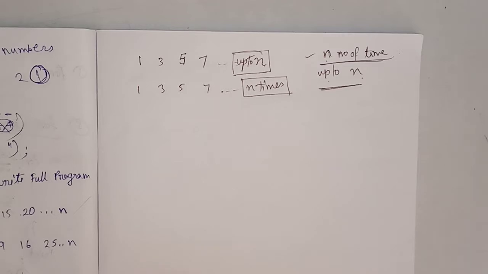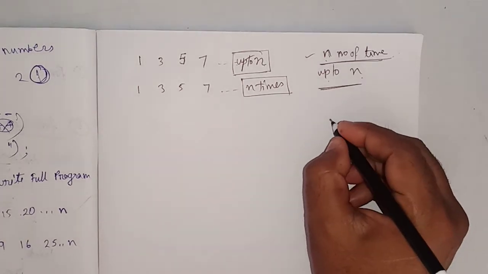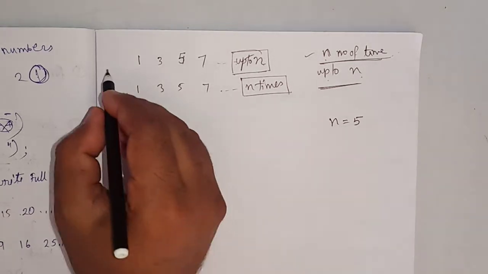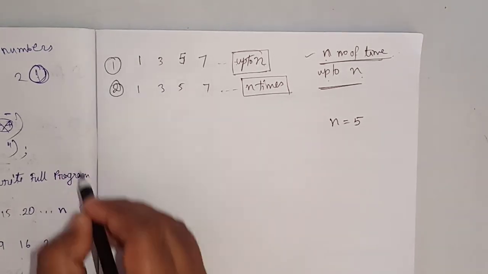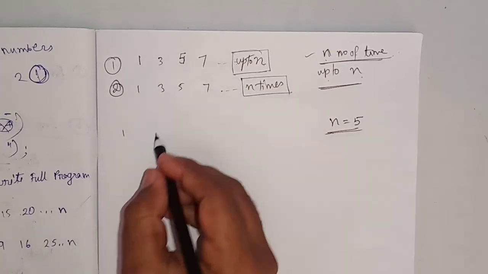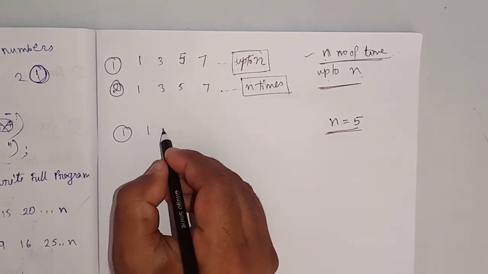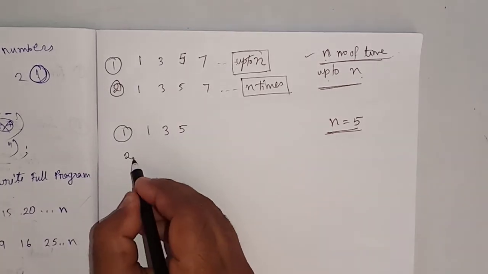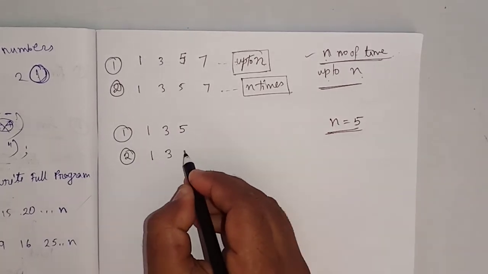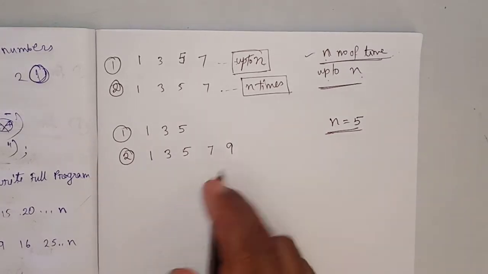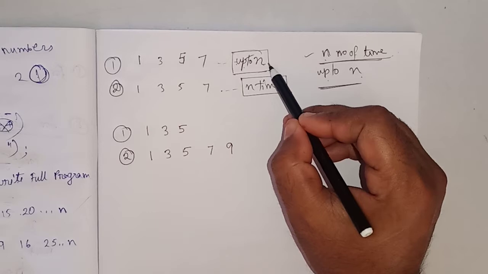Suppose I'm taking the value of n equal to 5. What is the difference between 1 and 2? If n is equal to 5, then the series of the first is 1, 3, 5. And the second one is 1, 3, 5, 7, 9. This is the difference between up to n and n times.